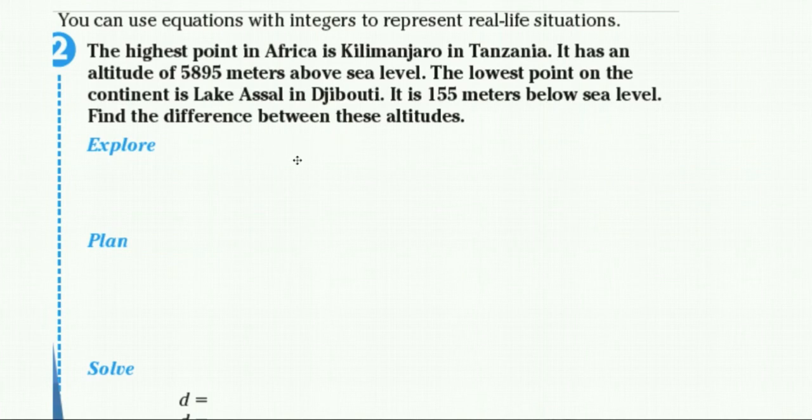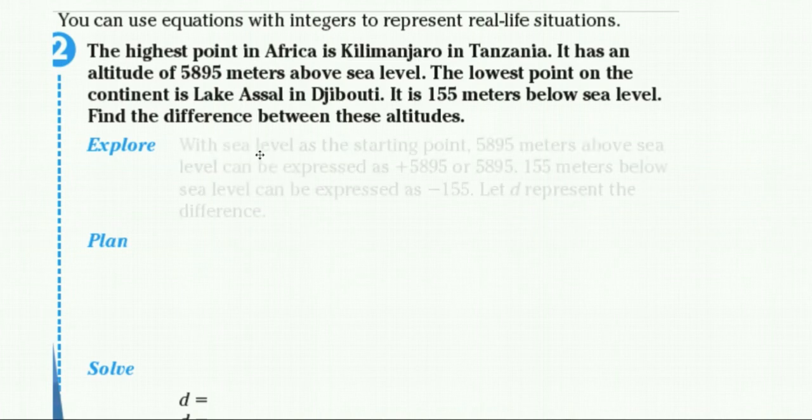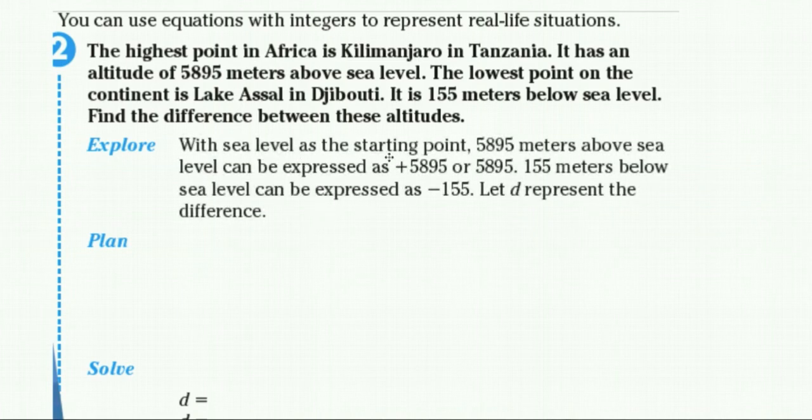Let's analyze this problem. In the Explore, with sea level as a starting point, 5,895 meters above sea level can be expressed as positive 5,895, or simply 5,895. 155 meters below sea level can be expressed as -155 if we let sea level be 0.